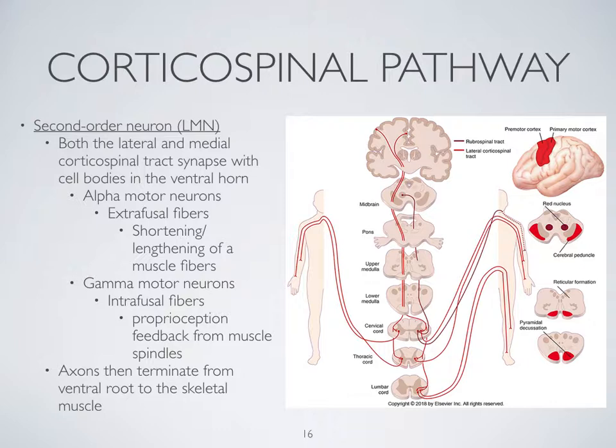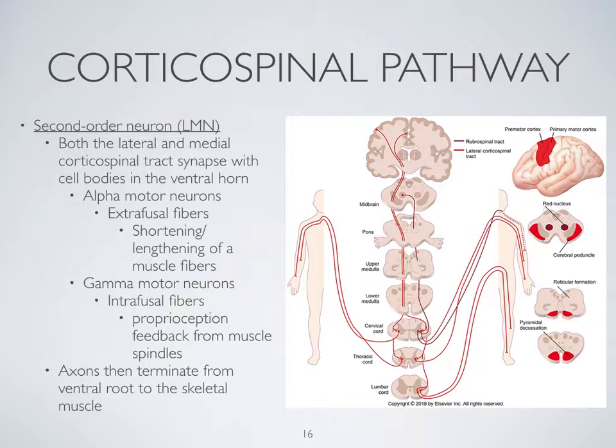Throughout our second motor neuron process, we're going to have both the lateral and the medial, once they've gotten to their ventral or anterior gray horn, there are going to be two synapses occurring there to two different cell bodies.